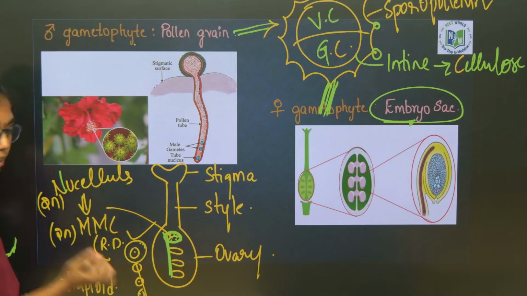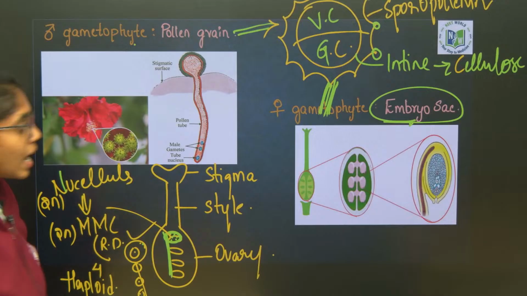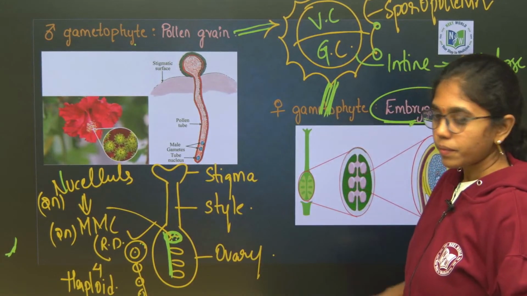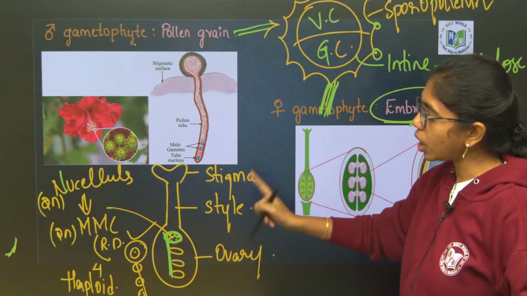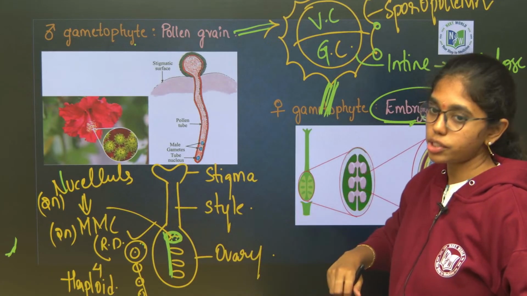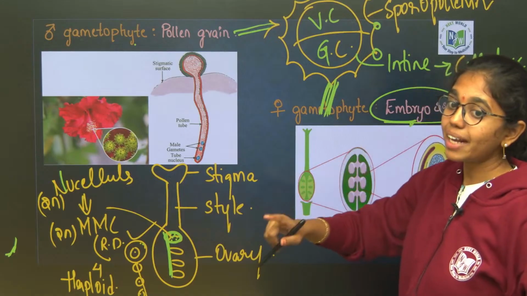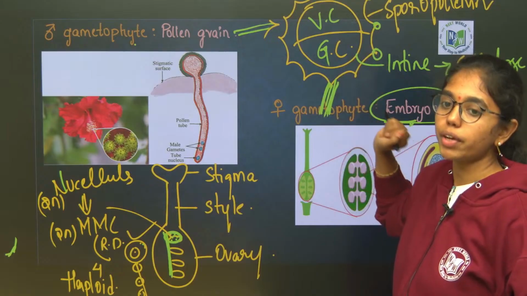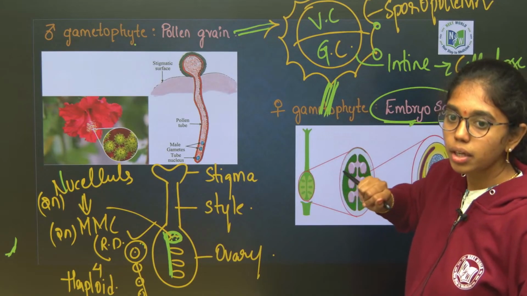This will undergo three sequential mitotic divisions and form the haploid embryo sac. I have briefed you the story, but you will learn this more clearly under megasporogenesis in sexual reproduction of flowering plants. Clear, right?